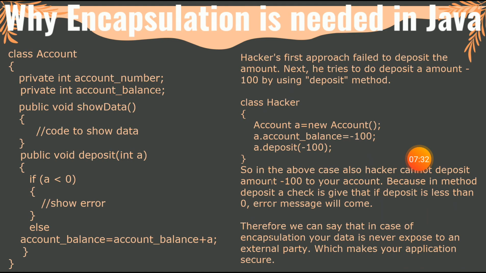Just look at public void deposit: if a is less than 0, an error will come. So again the hacker will not be able to deposit the money. Therefore we can say that in the case of encapsulation, your data is never exposed to an external party, which makes your application secure. So that's why encapsulation is needed.